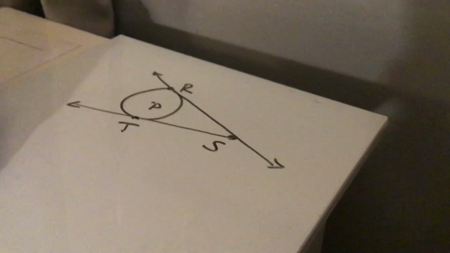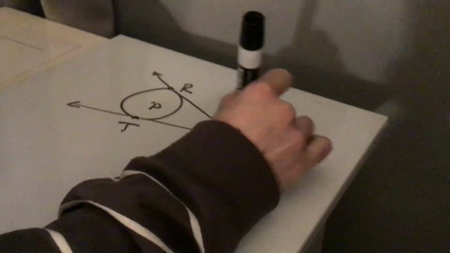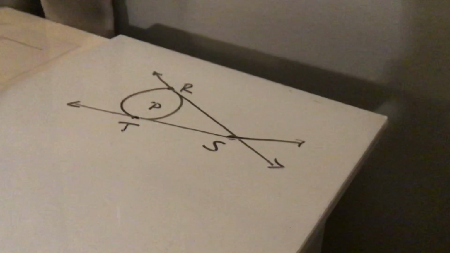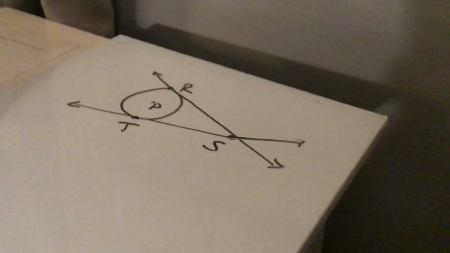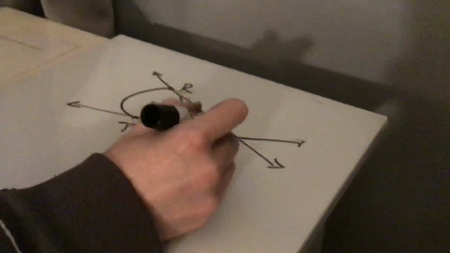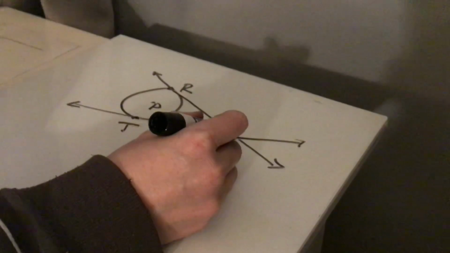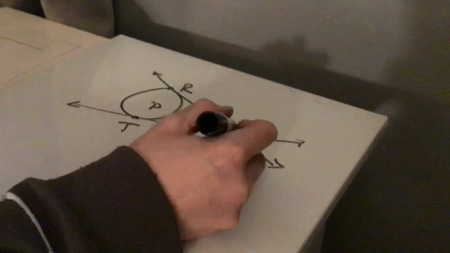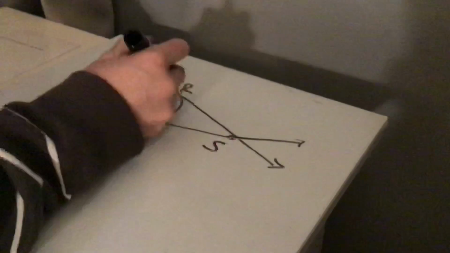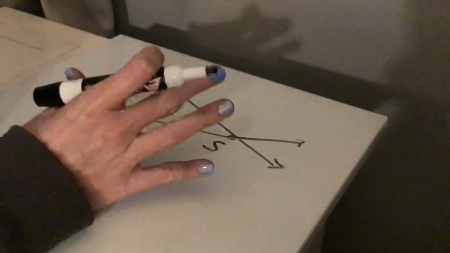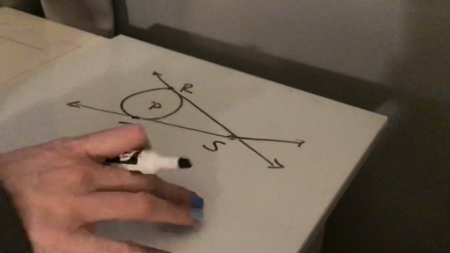Actually this would keep going this way because they're lines. So it's saying that if 2 segments from the same exterior point are tangent to a circle, so if this is tangent and this is tangent, then the segments are congruent.